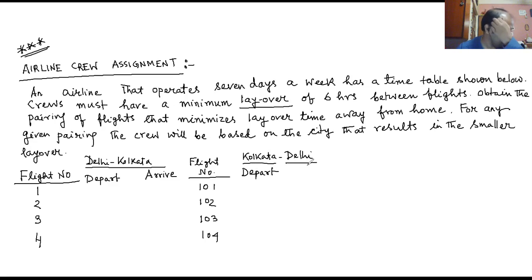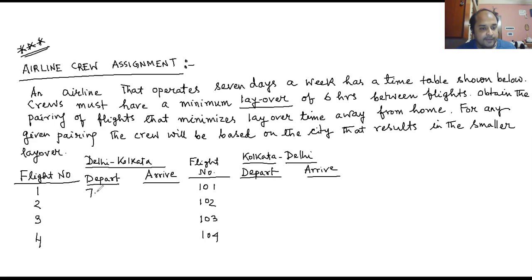Depart, arrive. See, one interesting thing is that Delhi to Kolkata, the flight numbers are 1, 2, 3, 4, and we very well know that when we come back to Kolkata from Delhi, the flight numbers change. So flight number 1 has become flight number 101, flight number 2 has become 102, like this.